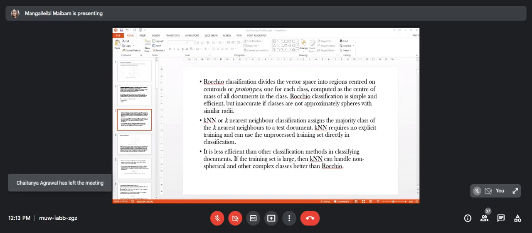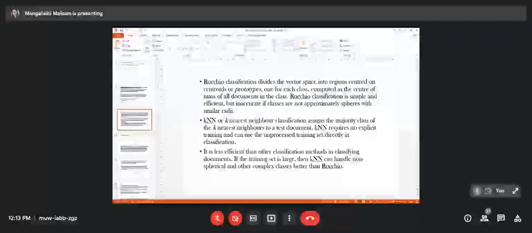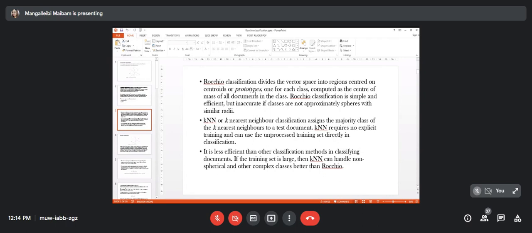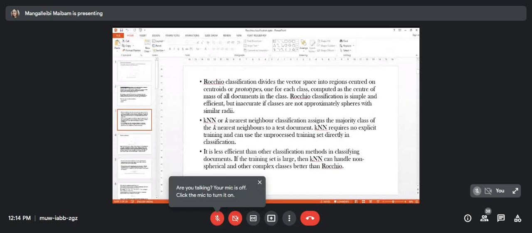Rocchio classification divides the vector space into regions centered on centroids or prototypes. So when you calculate for your classification, you have to calculate your centroids also. That is the center of the region.